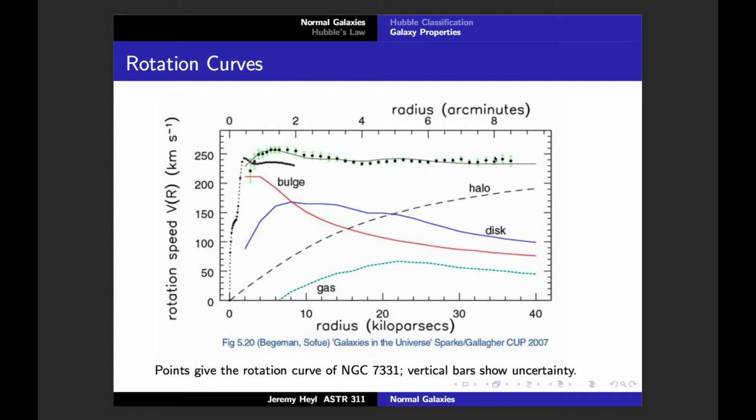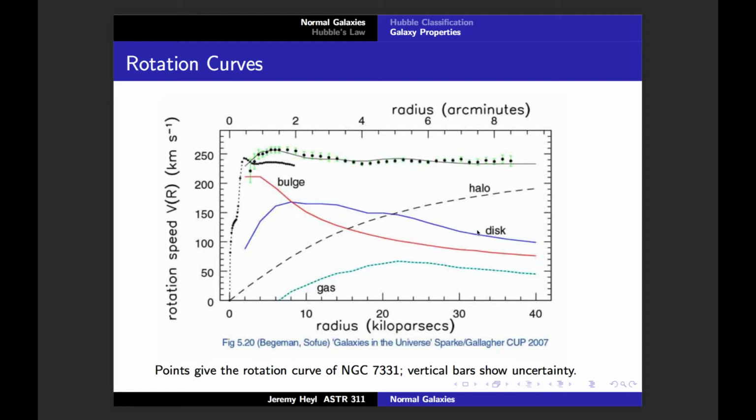Now, if you look at the different parts of the galaxy and how they make up this rotation, here's the gas, which doesn't make a big deal. This is from the central region of the galaxy, the bulge, and the disk, which builds up in mass a bit slower.